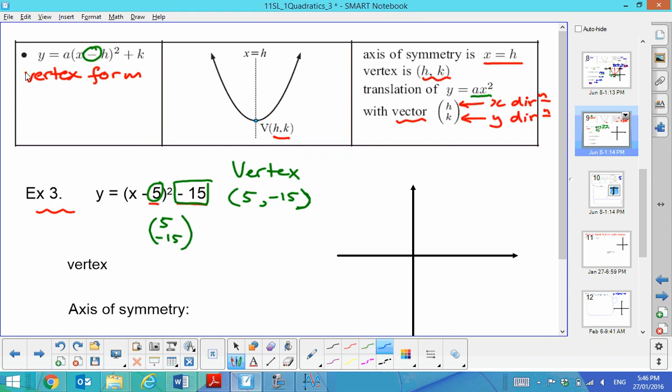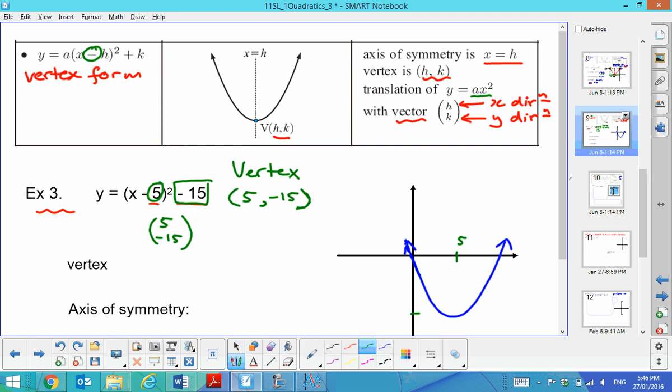So if I could just get a normal quadratic like that, then I can move it 5 units to the right. So this would be 5. And then minus 15 in the y. So that's what that's meaning.